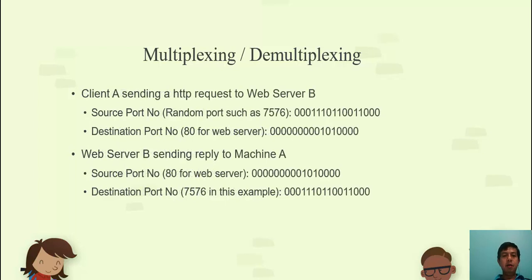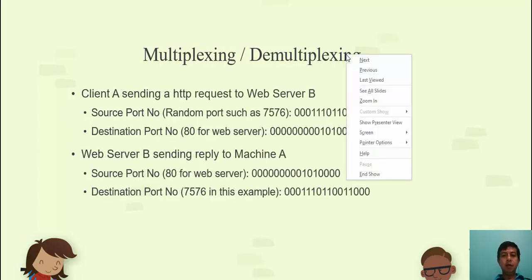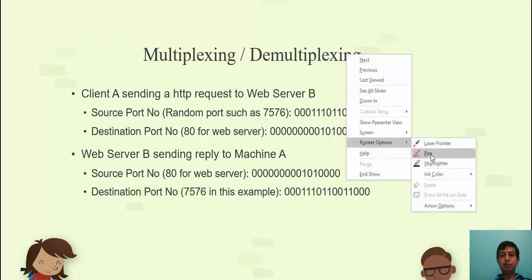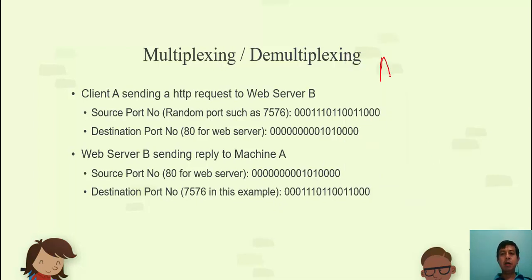Just for an example, say machine A is sending a request to machine B, and B is a web server. Because B is a web server, it will be using port number 80.